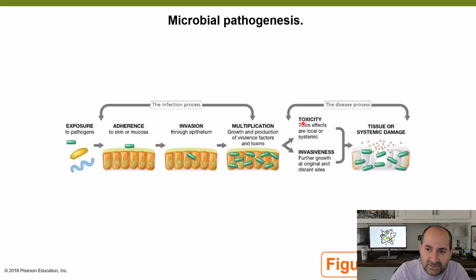Now, during the disease process too, toxins might play a role. The microbe might produce toxins as well. This is the disease process. Remember, the infection process is different from the disease process. Infection alone is not sufficient to cause disease.